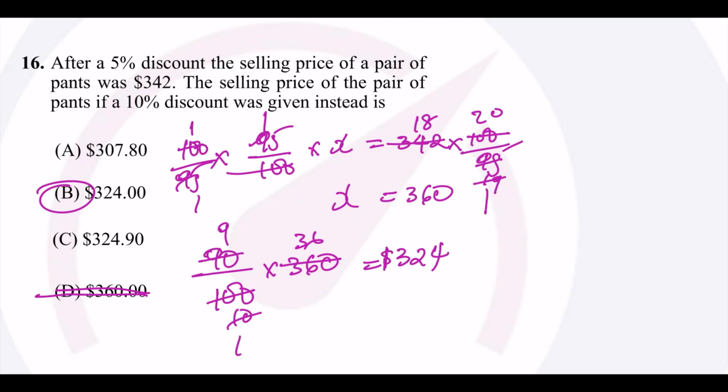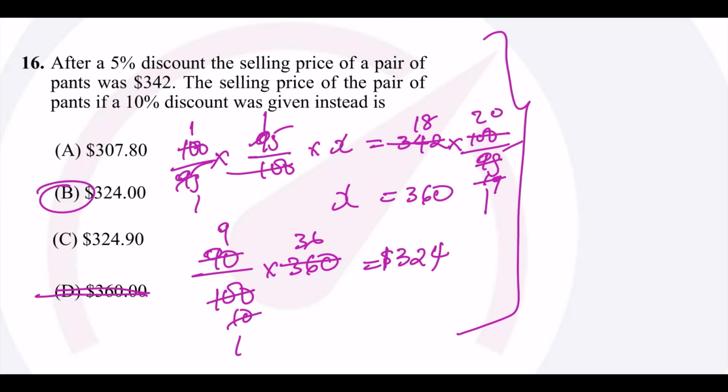Alright. Now from this workout, we can look at it and say, okay, so we could do it two ways. After we got the 360, we could find 10% of 360, and whatever we got, we could have simply subtracted it from the 360.